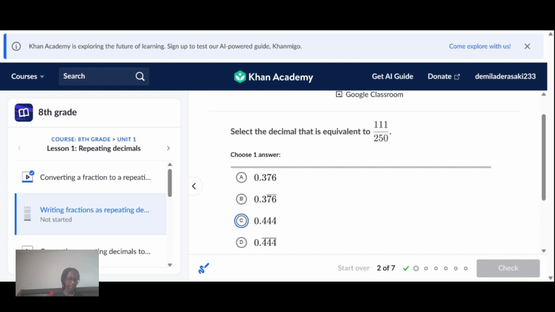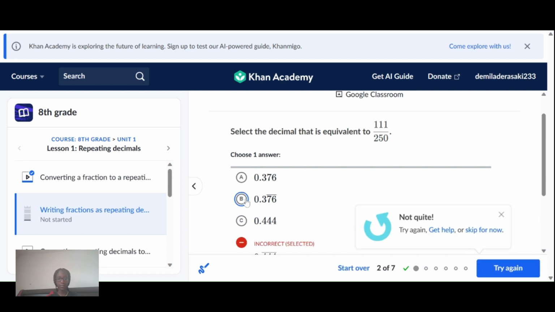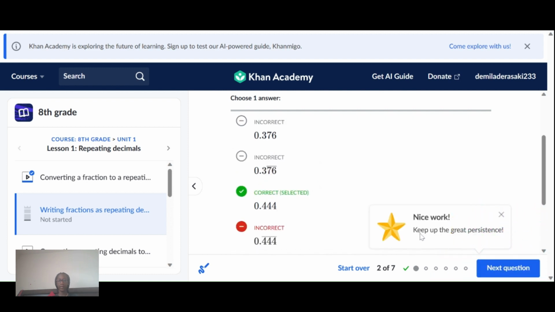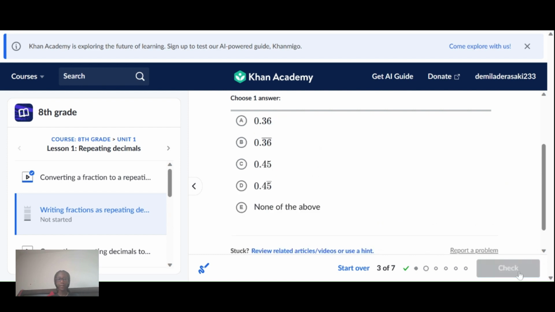Okay, so I think it's actually 0.444, because 250 times 4 is 1000, and it's 111, and when you add the point 00, it makes it 1110. So I think it's this. Oh no, I was wrong. Okay, well, let's try this one. There we go. So we shouldn't assume that something might be repeating, but next time we should calculate.